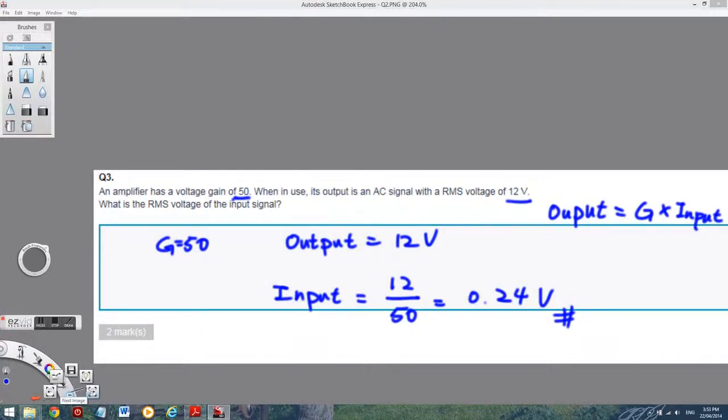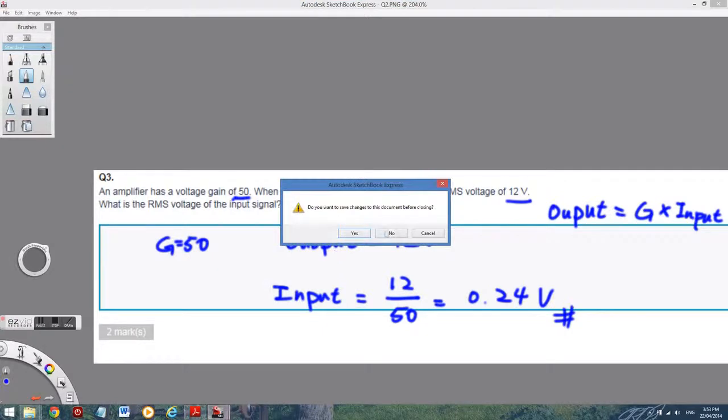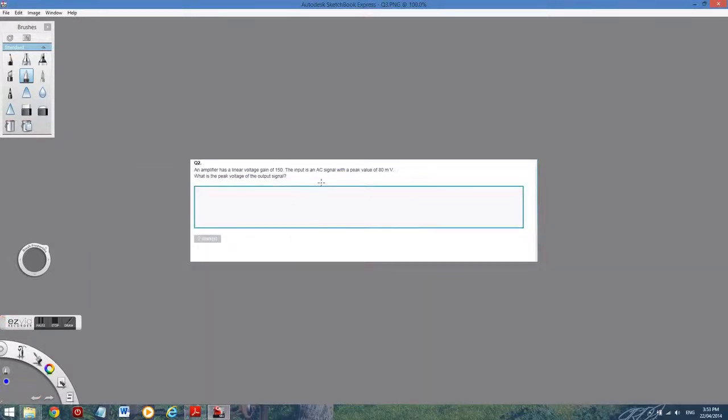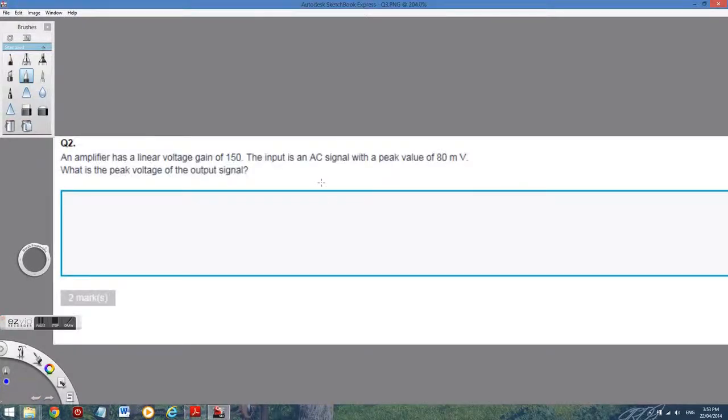Now, next question. An amplifier has a linear voltage gain of 150. The input is an AC signal with a peak of 80 millivolts.